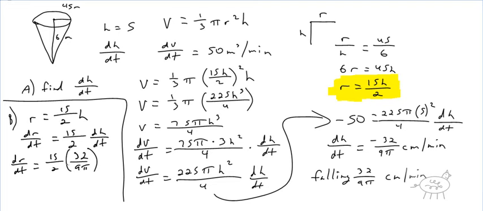And we get dr/dt, because the radius is shrinking too as it's going down the cone, right? It's equal to negative 80 over 3 pi centimeters per minute. All right, not too bad. Let's move on to the next one.